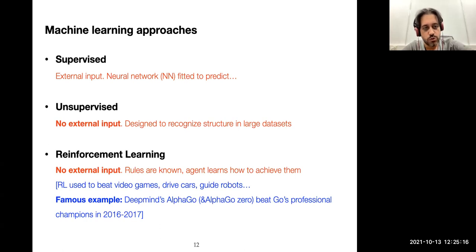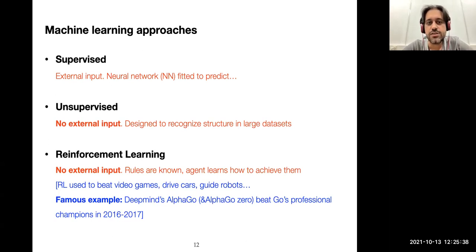I just want to mention the three main flavors of machine learning here for those that are not experts. All of them appear, for example, in applications in string theory or in other scientific problems, and it's only one of them that we're going to use in our approach.